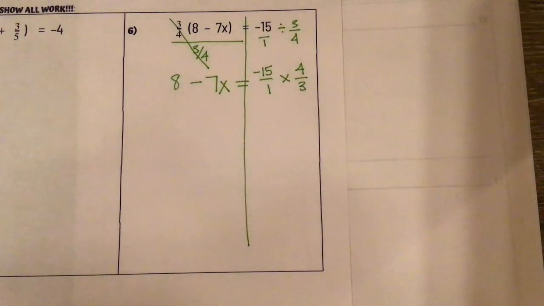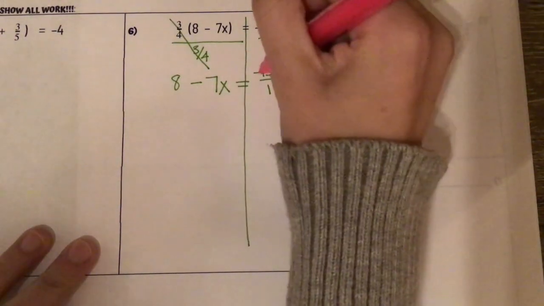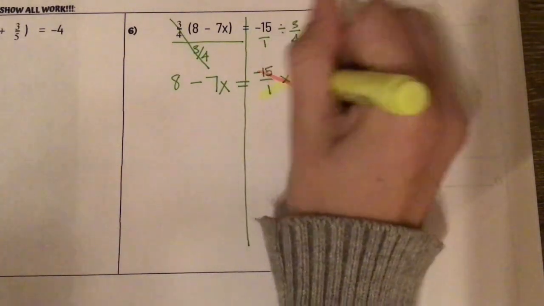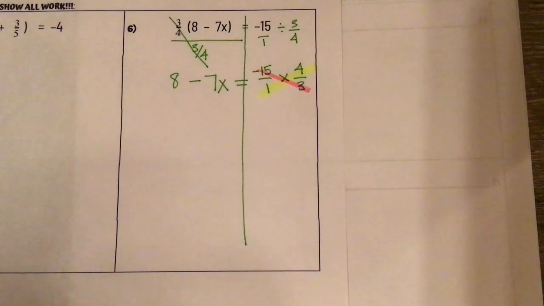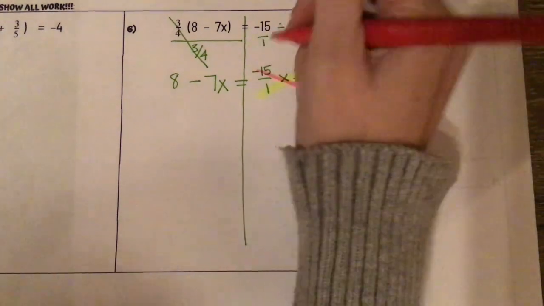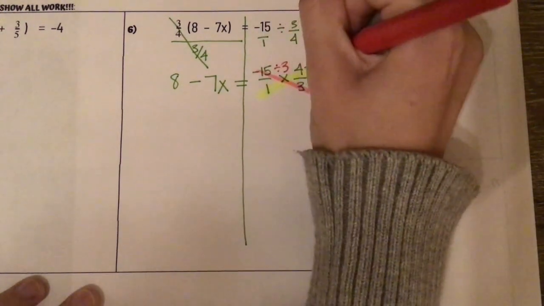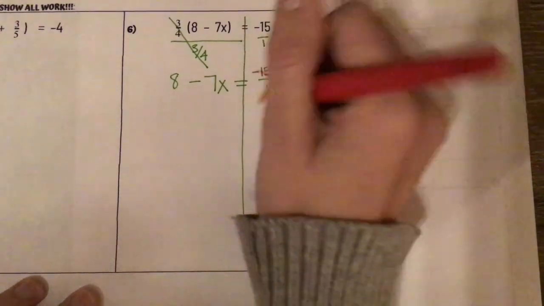Now I'm going to double check my diagonals to see if anything simplifies. When looking at this, I see that 15 and 3 divide by 3. 4 and 1 divide by 1.